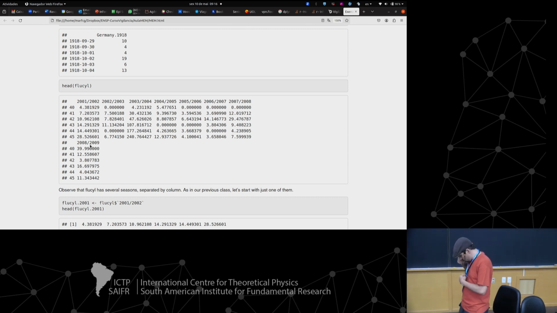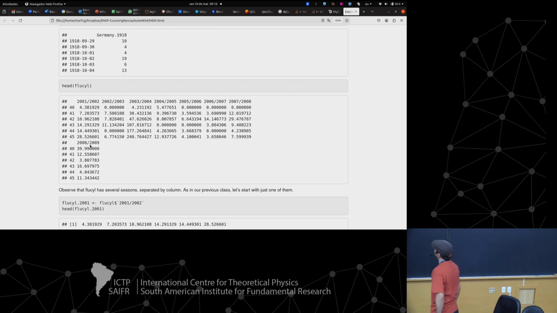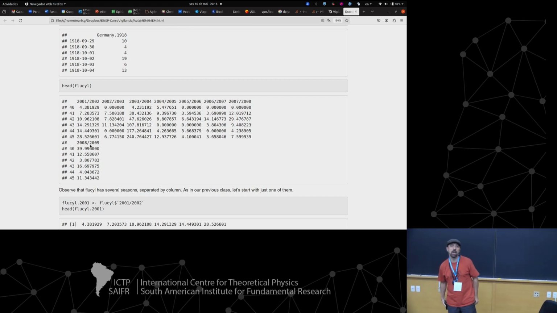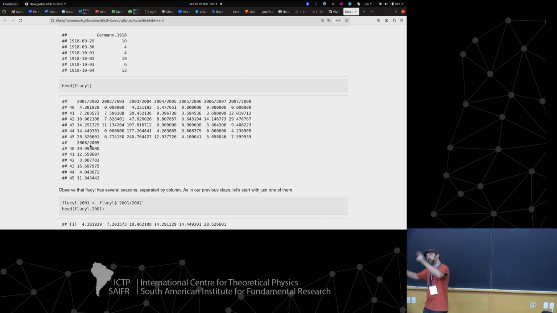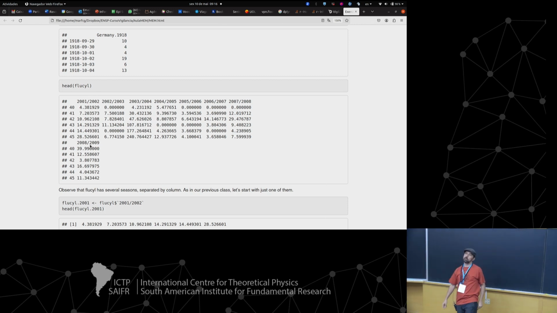So why is it that for this data set we don't have the data ordered from week 1 to week 52, but instead we have from week 40 all the way around to week 30-something?